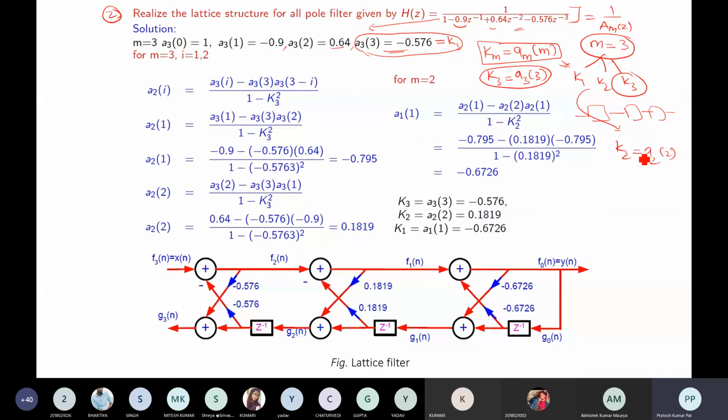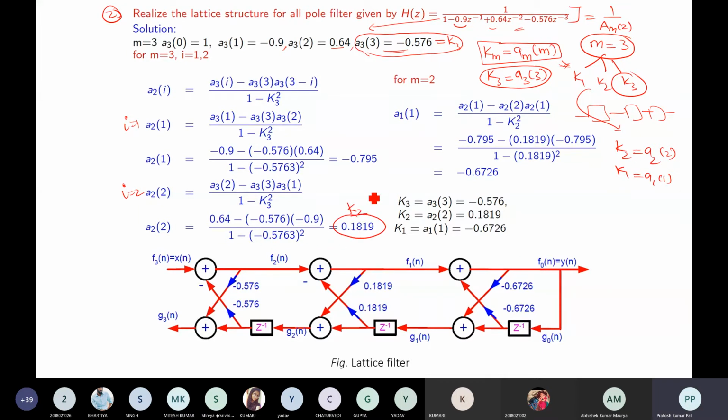Similarly, k1 will be equal to a1 of 1. For finding k2, we need to find a2 of 2. We will find a2 of i by using the generalized formula for finding the coefficients. In that formula we will put i equals 1 once, and then i equals 2. Once we put i equals 2, we will find this value. So this will be your k2 value.